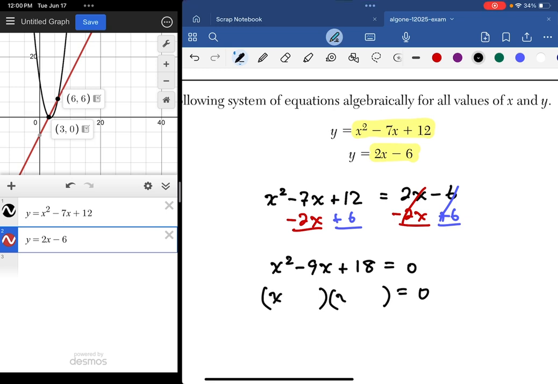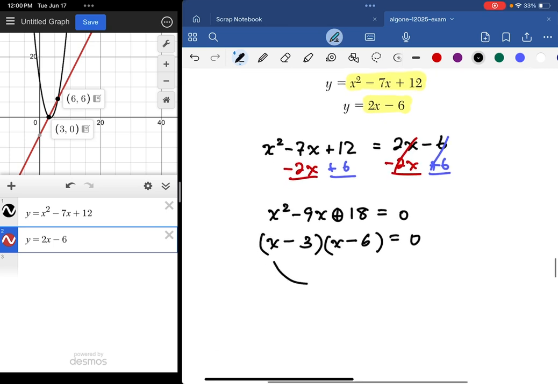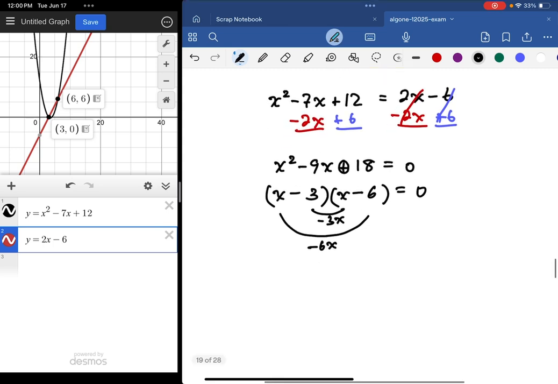So I know it's going to be x and x, 3 and 6. We have to get to a positive product with the two values adding up to a negative number, so they both have to be negative. We do a quick double check on that. Negative 6x, negative 3x. If I add negative 3x plus negative 6x, I get negative 9x, so we're good there.